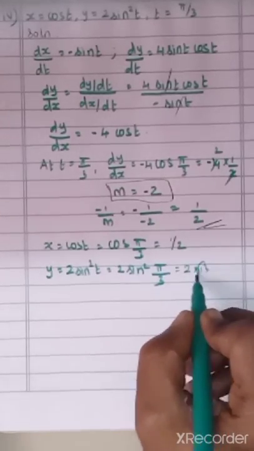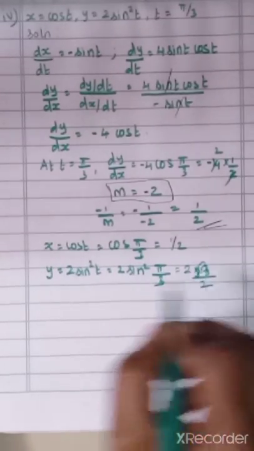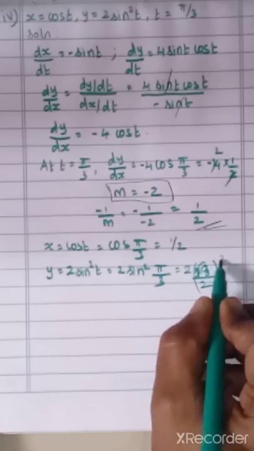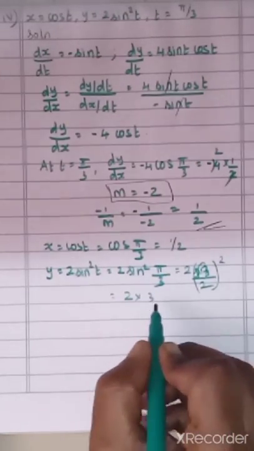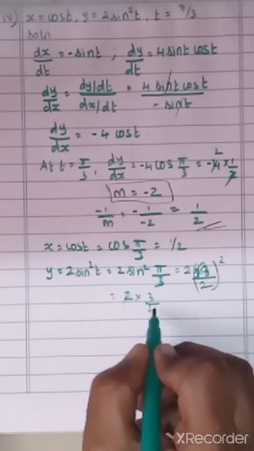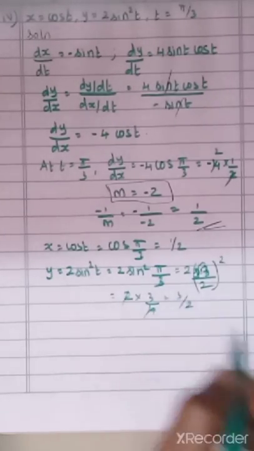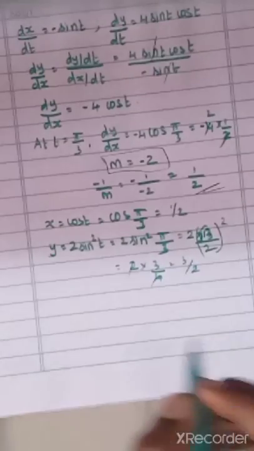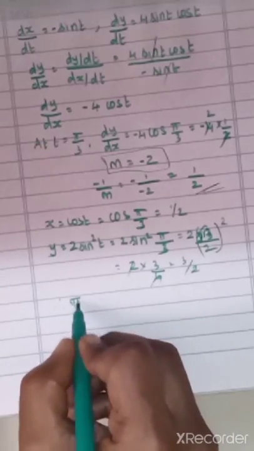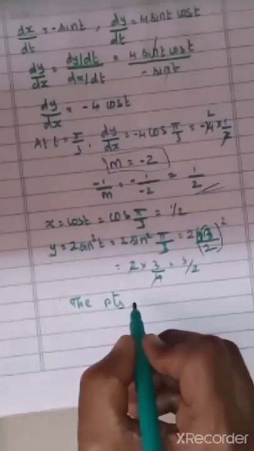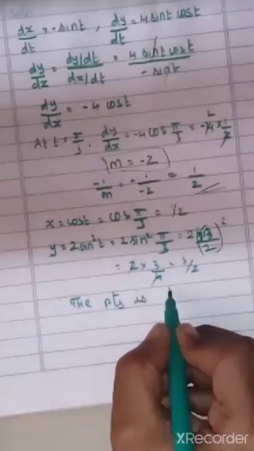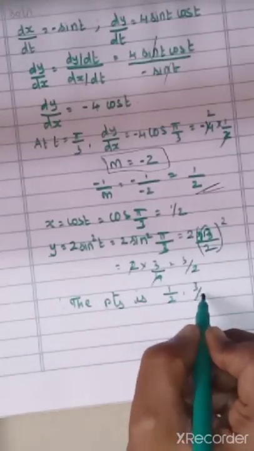So 2 into root 3 by 2 whole square. That is 2 into root 3 square is 3, 2 square is 4. Cancelling, you will get 3 by 2. So what is your y value? 3 by 2. Therefore the point is 1 by 2 comma 3 by 2.